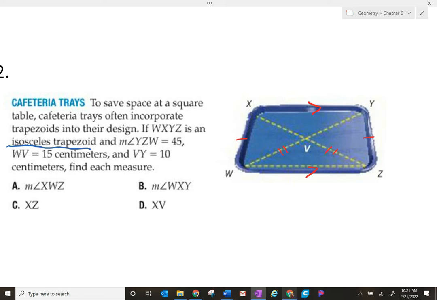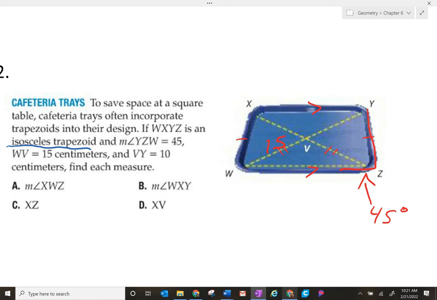It tells me the angle YZW, so this angle right down here, is 45 degrees. WV, this line segment, is 15 centimeters.